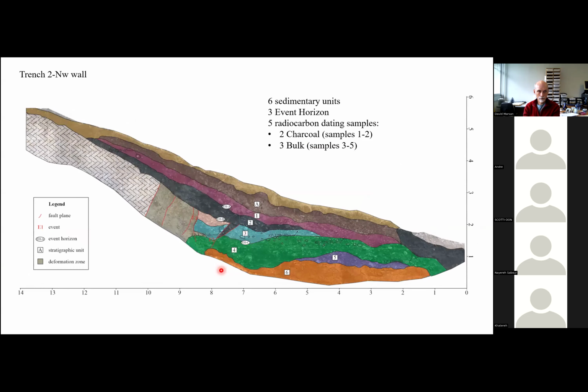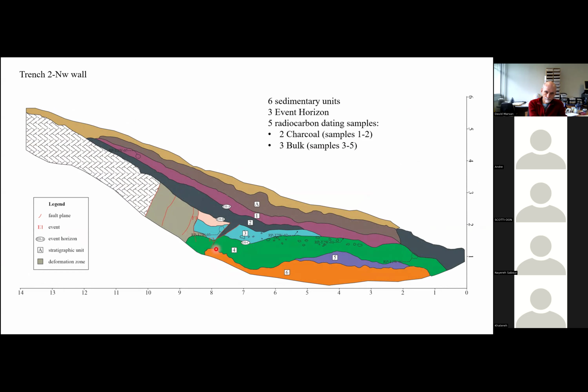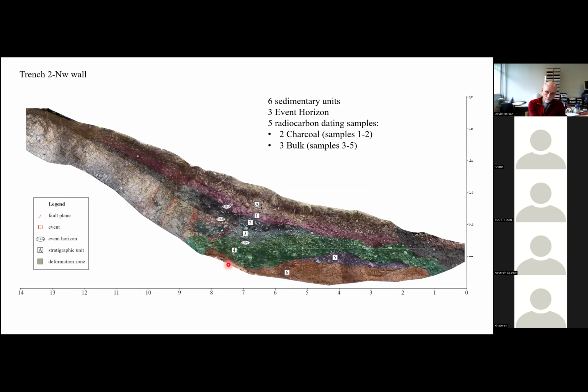And for the last wall, you can see it was a little challenging. There were lots of challenges for this wall too, because it was very hard to separate the layers in this wall.